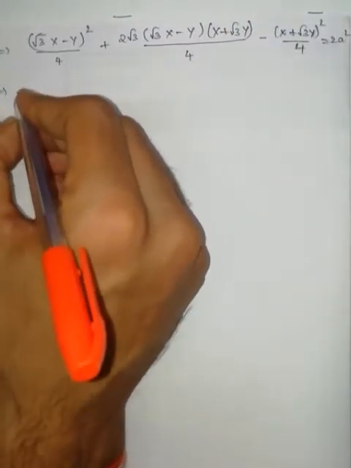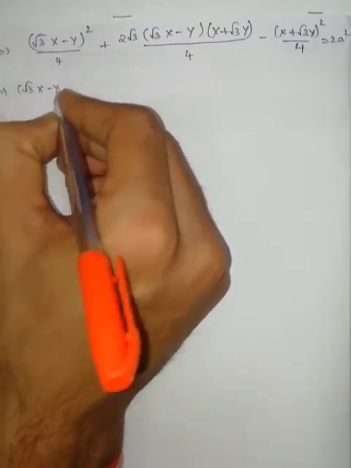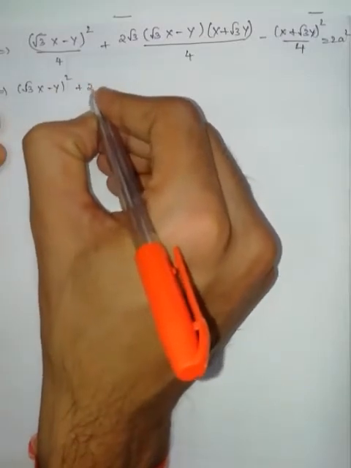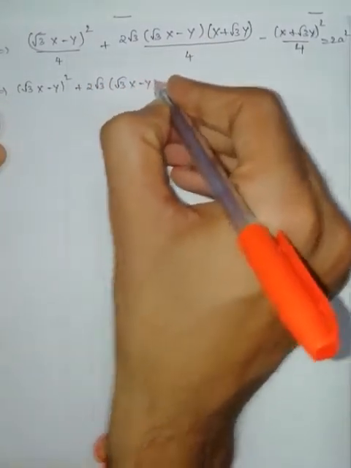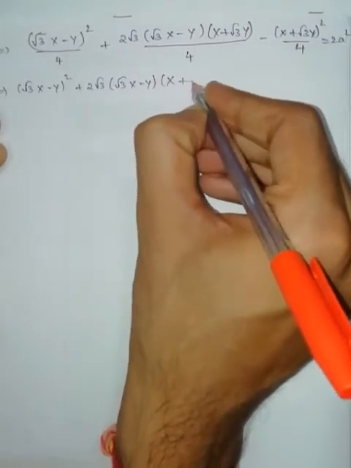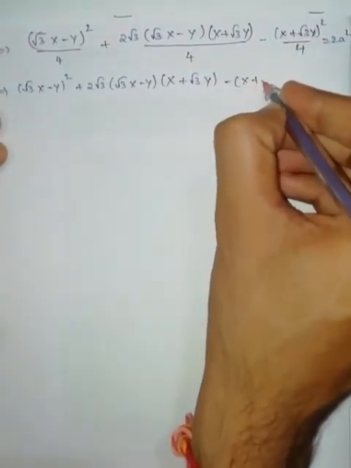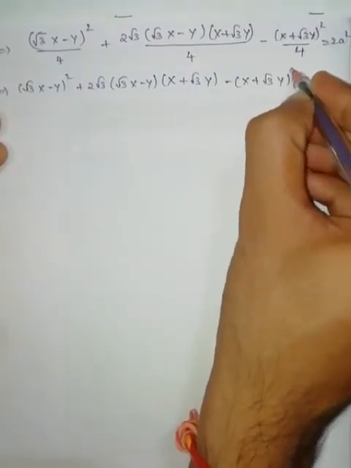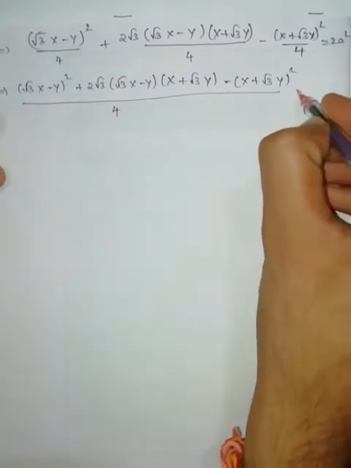Taking LCM: root 3 X minus Y whole square plus 2 root 3 into root 3 X minus Y into X plus root 3 Y, minus X plus root 3 Y whole square, by 4, is equal to 2a square.